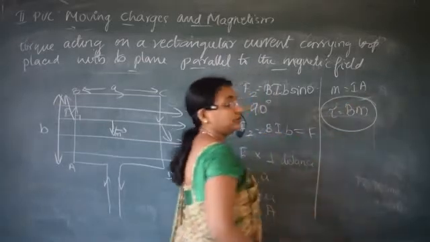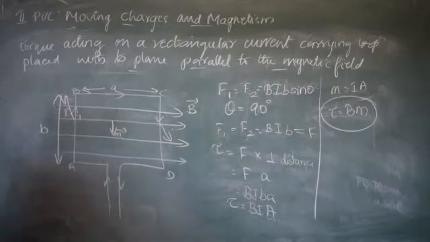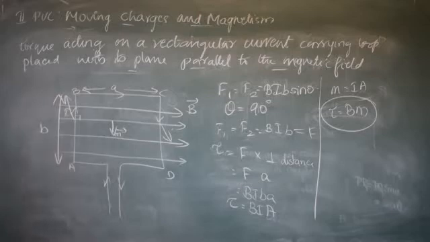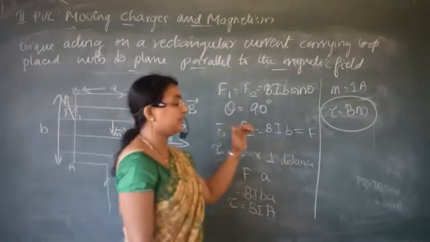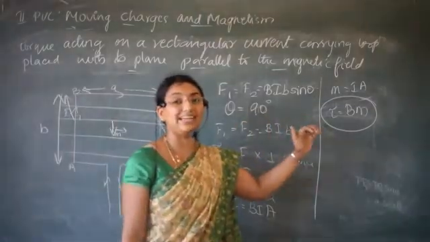This is the expression for the torque acting on a rectangular current carrying loop placed with its plane parallel to the magnetic field. Understood? So if it is placed parallel to the magnetic field, then tau is equal to BM.